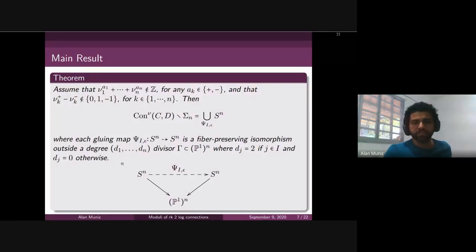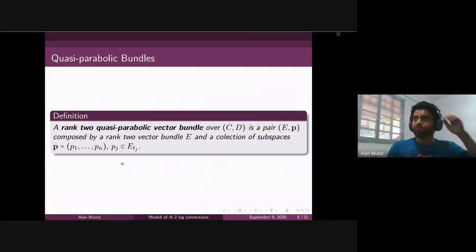So let's get into the ideas behind these results. First, I have to talk about quasi-parabolic vector bundles. We have a curve and a reduced divisor.